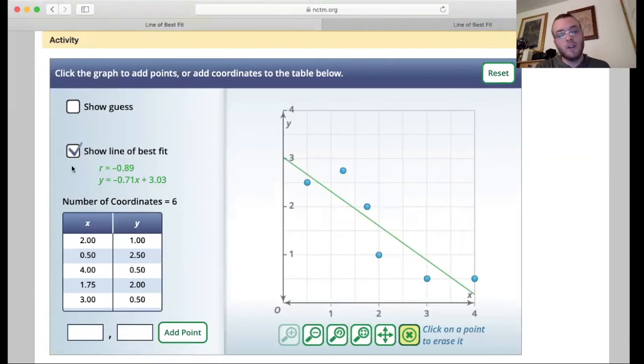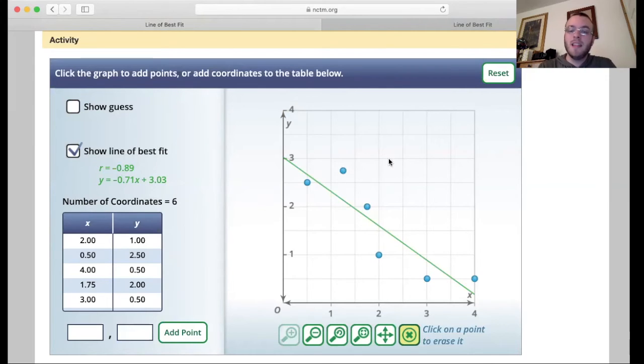So if we look at our R value, it is currently negative 0.89. That's without Madeline's point, and that is relatively close to negative 1. So again, we're taking the absolute value. The absolute value of negative 0.89 is positive 0.89, which is pretty close to 1.